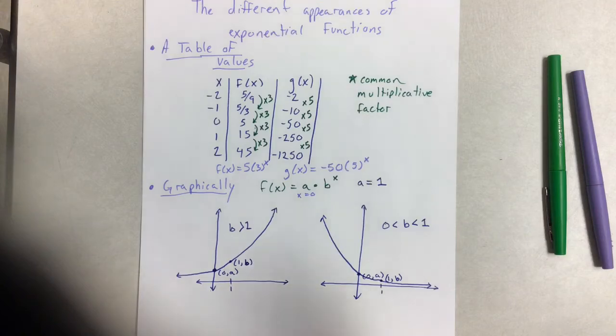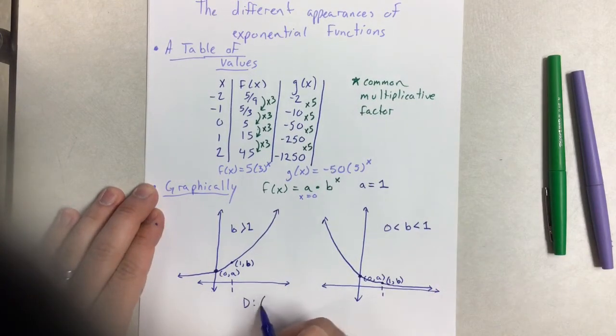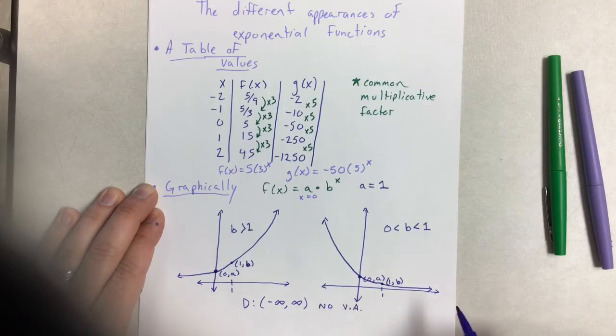So what we can say about an exponential function, as we saw earlier, is that the domain is all real numbers, because there are no vertical asymptotes. And with the range of our basic function, with no other terms being added or subtracted, the range goes from 0, not including it, to positive infinity.